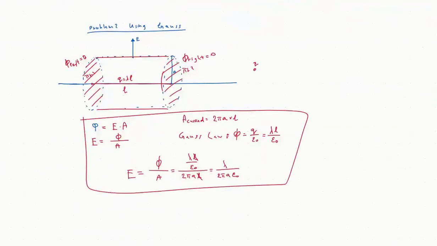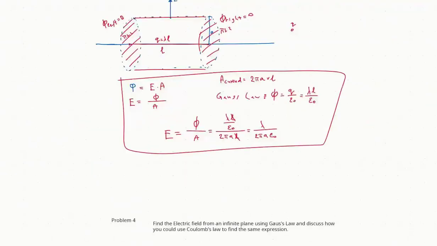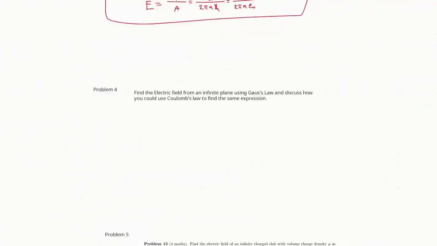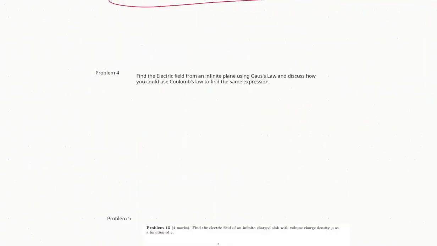It allows you to find fields from prolonged objects in such an easy way without any complicated maths whatsoever. So absolutely genius law. And similar to that, you can find the field from an infinite plane of charge density sigma. I won't go through that. I don't have time.